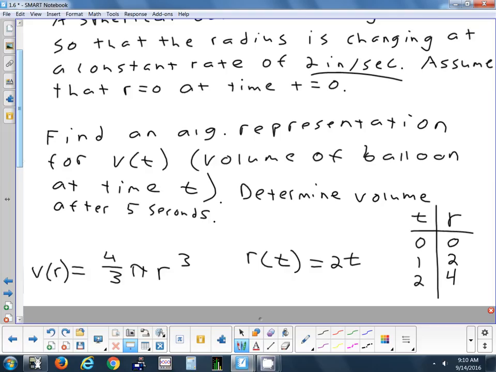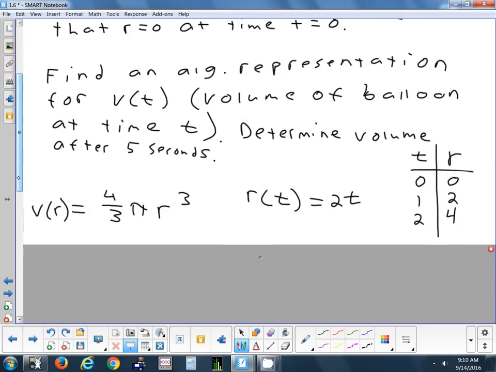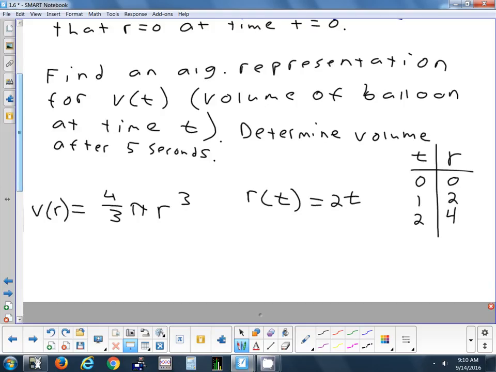Now we need to combine these two. How do you think I'm going to combine them? What operation we learned today do you think I'm going to use? Yeah, I'm going to compose them. What I'm going to do is find V of R of t. And what that's going to do is replace all my r's with t's.